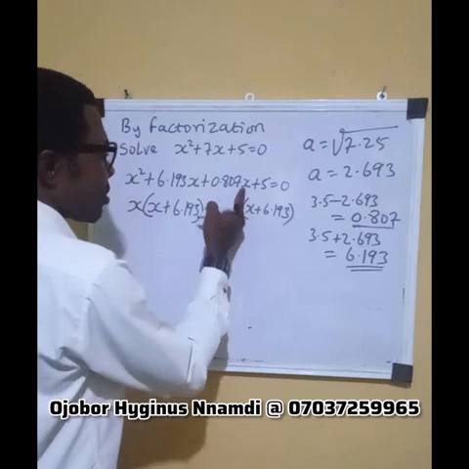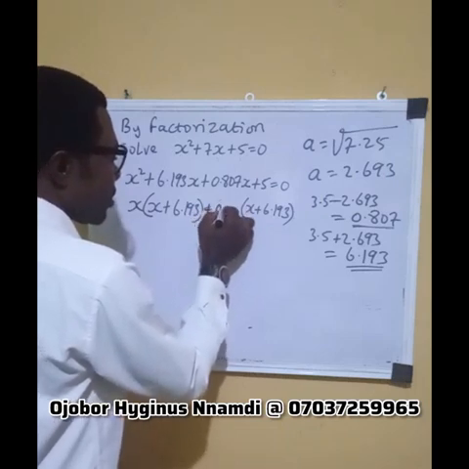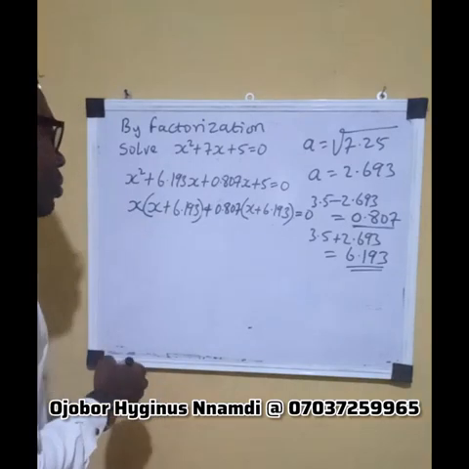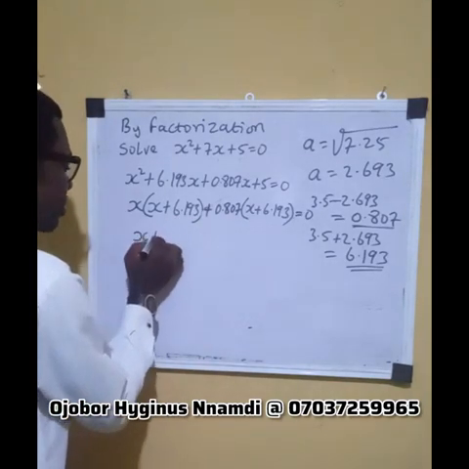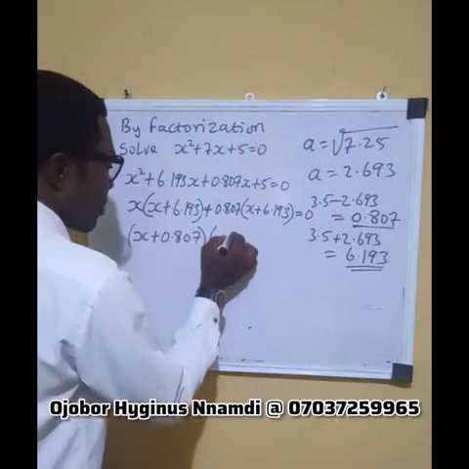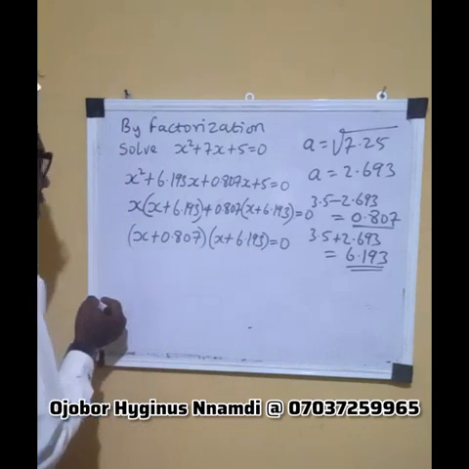If we use this x to divide this 0.807x, you have 0.807. So we have been able to factor that. You see that the bracket is the same. So what we have outside is x plus 0.807 and x plus 6.193 equals 0.